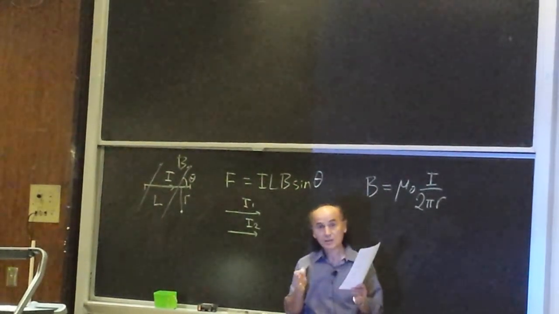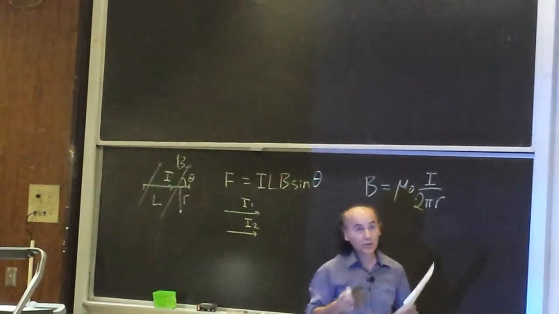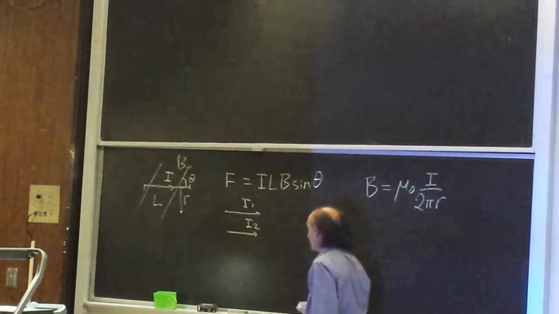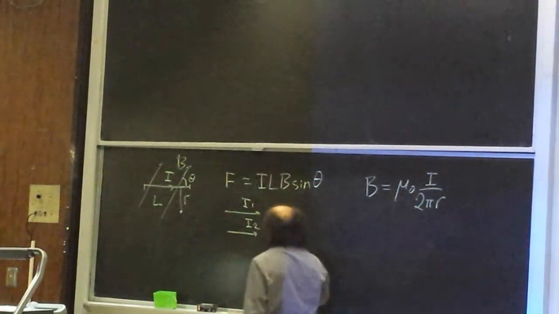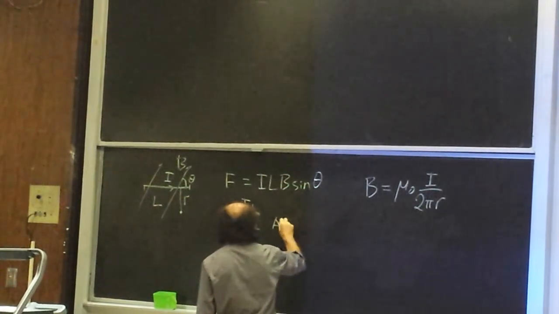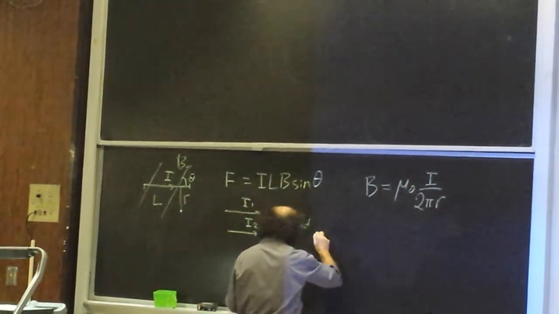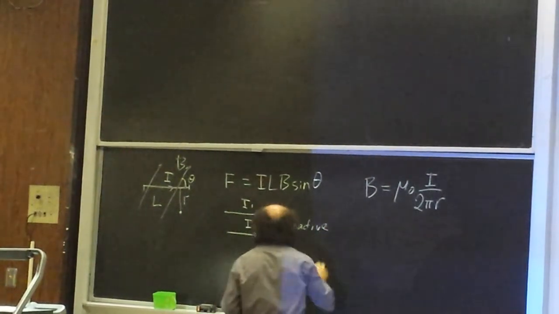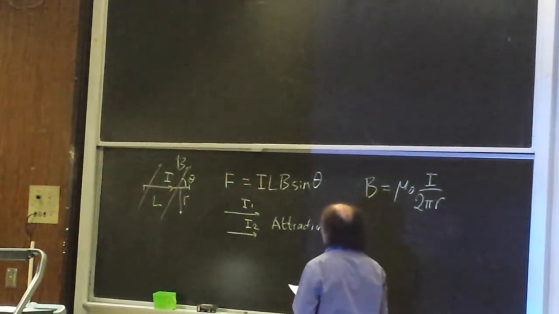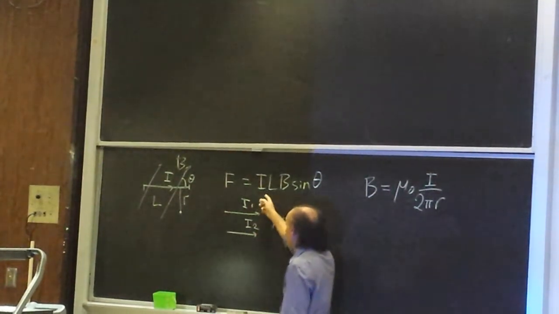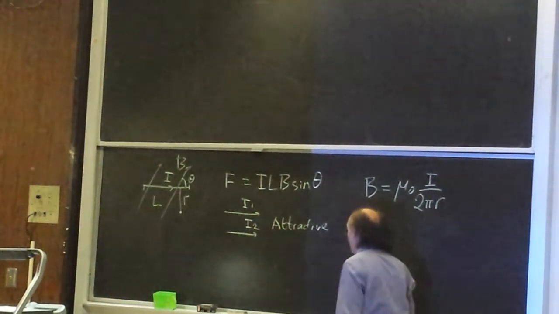Two wires parallel to each other, current goes the same way, the same direction. First of all, we have determined that this force is an attractive force. The force is attractive. And basically this wire exerts a force on this wire, which is determined by this formula.